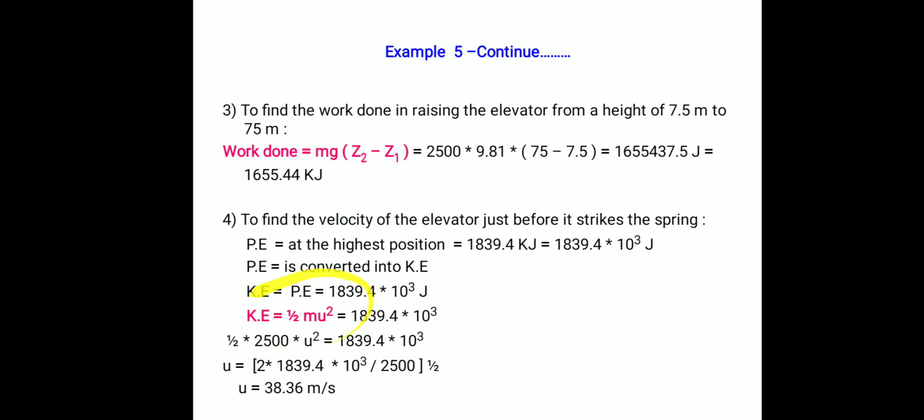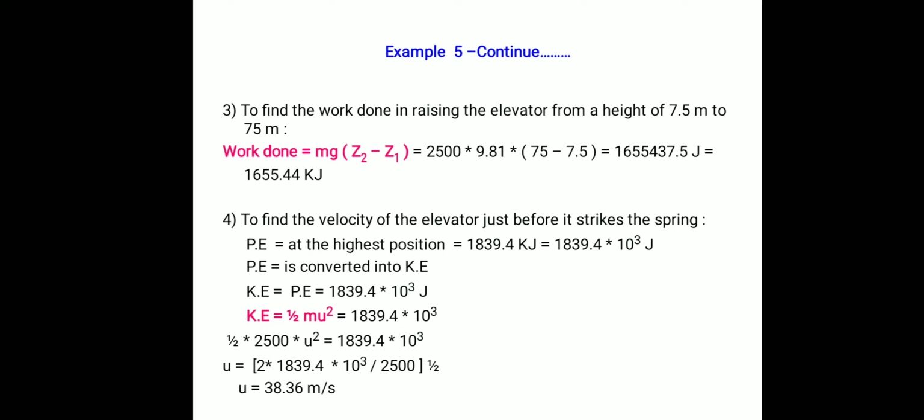And for the calculation of velocity, we must know the formula of kinetic energy. Before applying this formula, we must know the concept. For this elevator, the kinetic energy is equal to the potential energy. The potential energy we have already calculated for the initial position and modified position, and this potential energy is nothing but the kinetic energy. The formula for kinetic energy is half m u square.